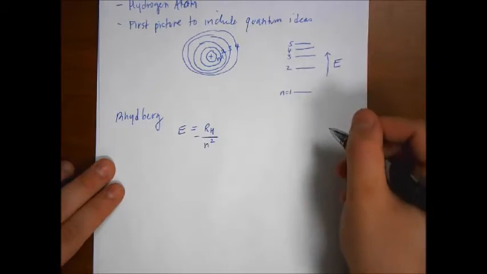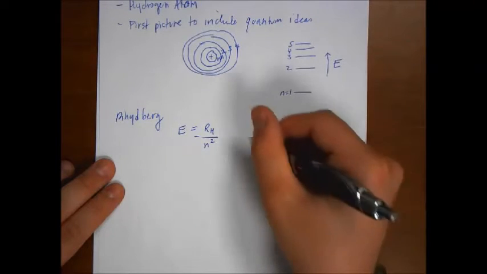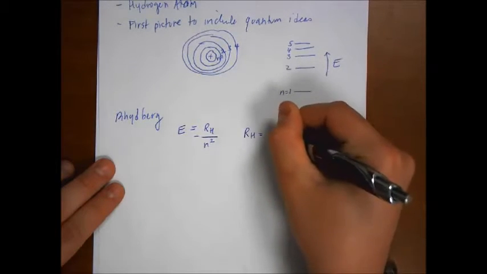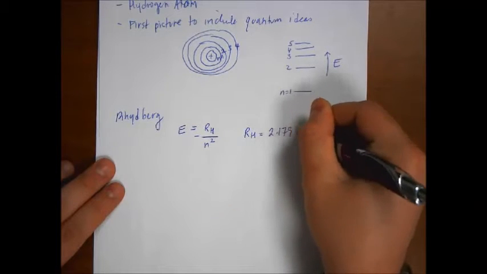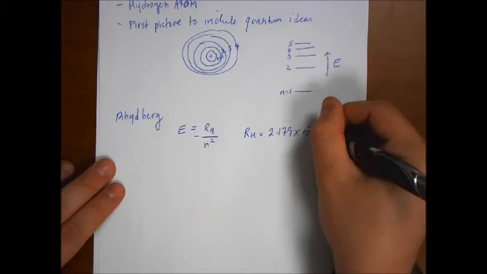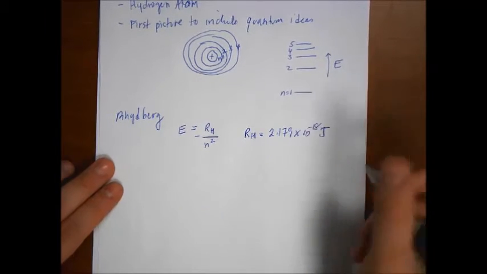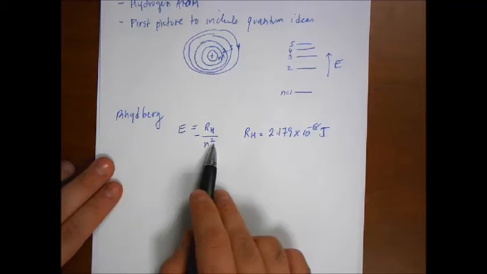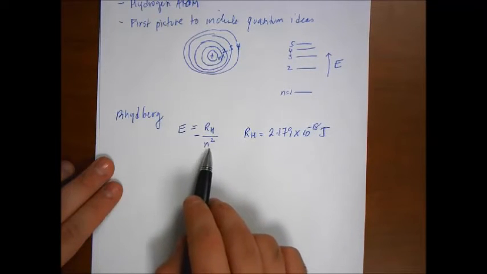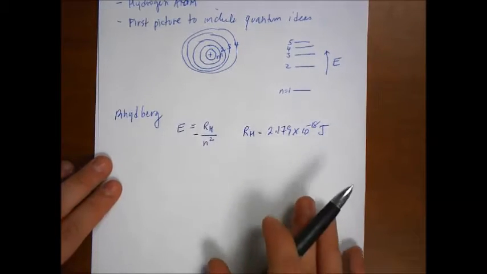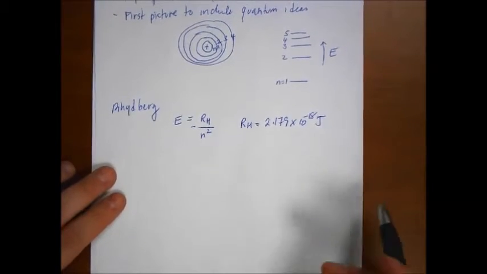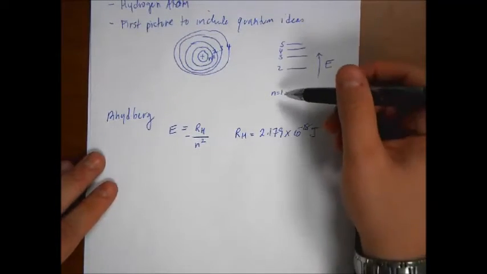His constant was 2.179 times 10 to the minus 18 joules. So this allowed you to determine the energy of an electron inside one of these orbits from the Bohr model.